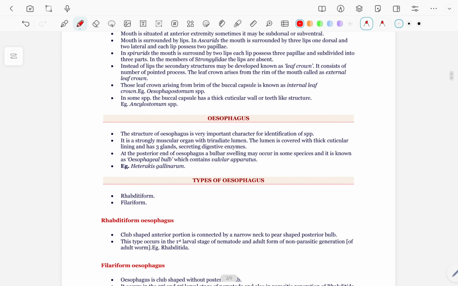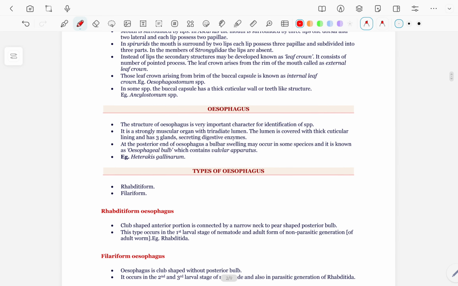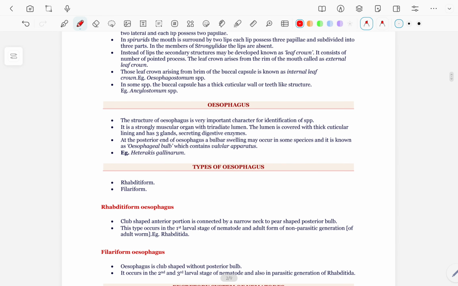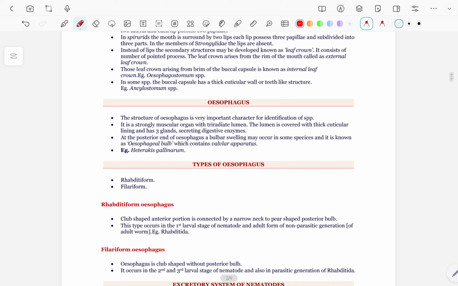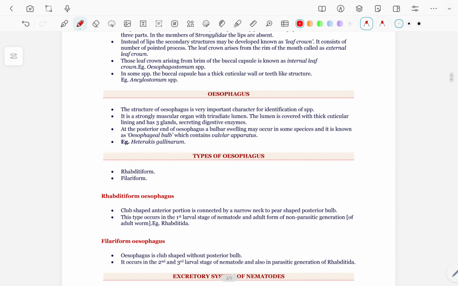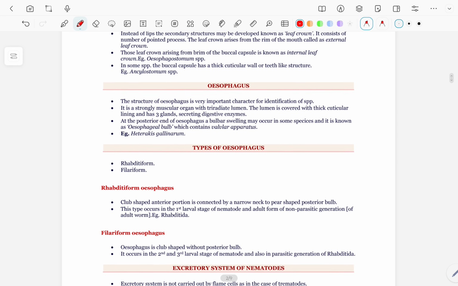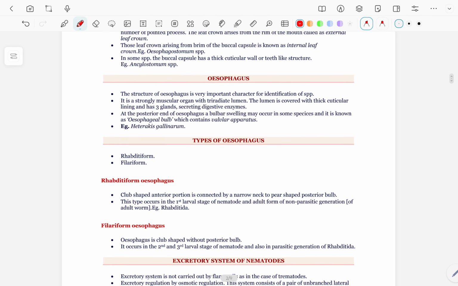The lip crown arising from the brim of the buccal capsule is known as the internal lip crown. Example: Oesophagostomum species. In some species, the buccal capsule has a thick cuticular wall or teeth-like structures. Example: Encyclostoma species.